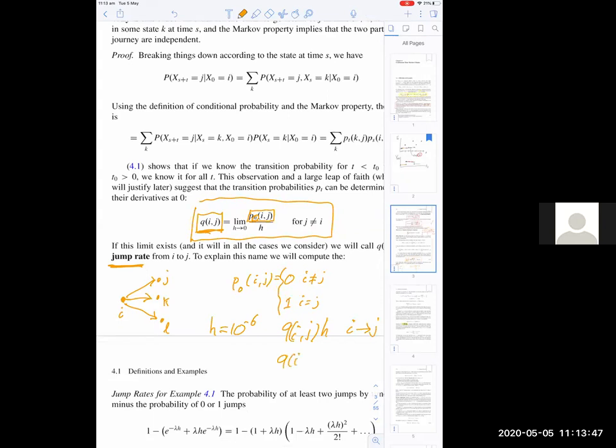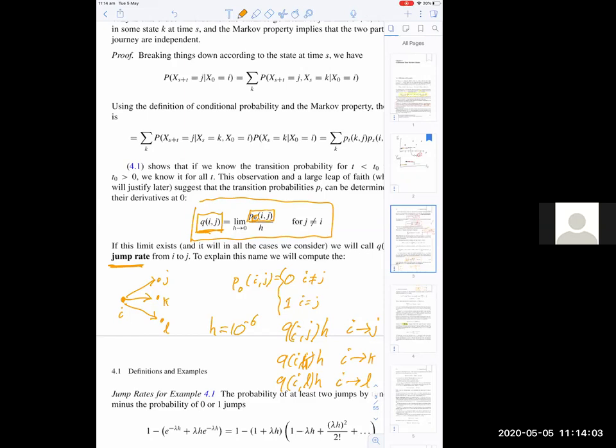With probability q_ik times h you'll make a transition i to k. And with probability q_il times h you'll make a transition i to l.